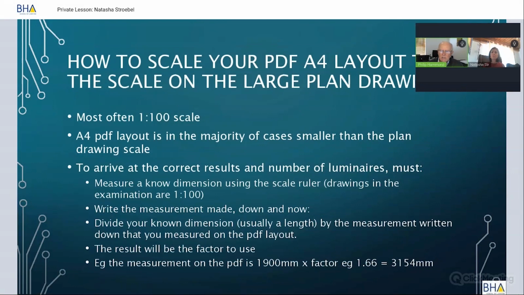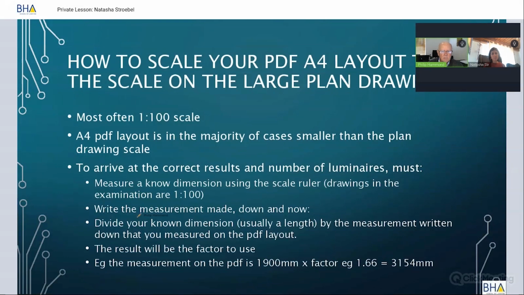So then you can do a simple little calculation to work it out. And this tells you how to do it. So in one of the exercises, the factor arrives at 1.66.